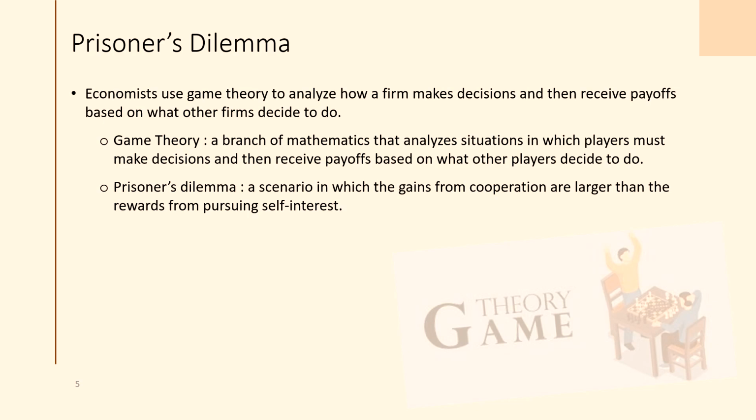One of the most famous examples in economics is the prisoner's dilemma. The prisoner's dilemma is a situation where cooperation creates the best joint outcome, but individual self-interest creates pressure to defect. This concept helps explain why oligopolists may fail to cooperate even when cooperation would increase profits.